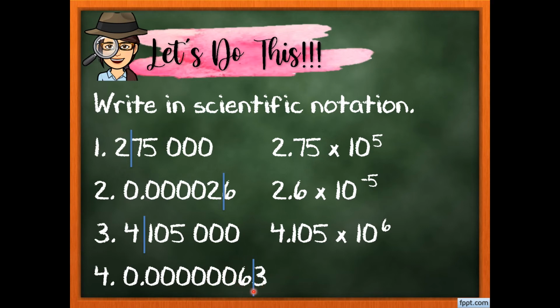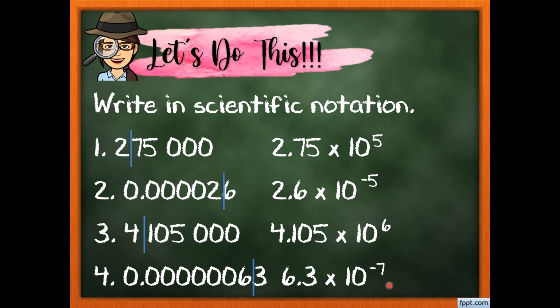Now, let us copy 6.3 times 10. Then, count the number of places we move the decimal point. 1, 2, 3, 4, 5, 6, 7. So, your exponent is negative 7.